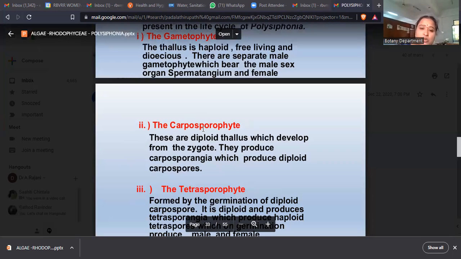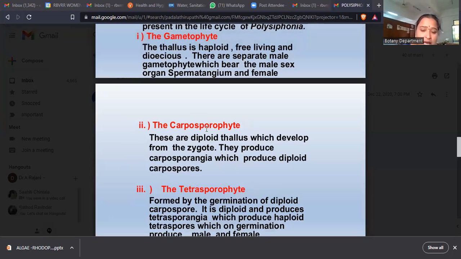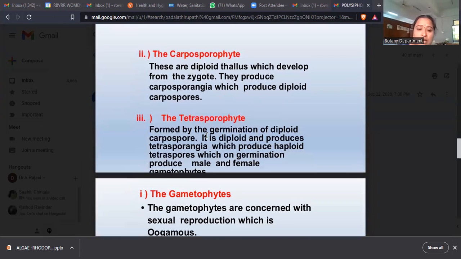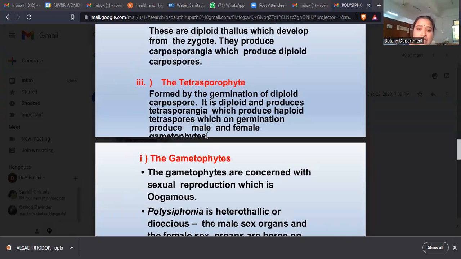The carposporophyte is a diploid thallus which develops from the zygote. It produces carposporangia, and the carpospores are always in a diploid condition. Coming to the last stage, the tetrasporophyte: it is formed by the germination of a diploid carpospore.